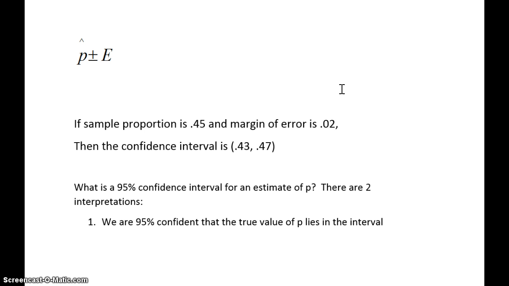That's your sample proportion. And suppose the margin of error was 0.02. How would we get the confidence interval? You take your p hat of 0.45 minus the 0.02. That brings us to 0.43. And your 0.45 plus the 0.02 brings us to 0.47.